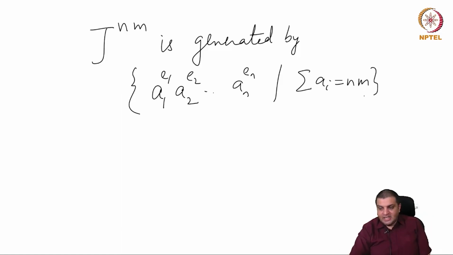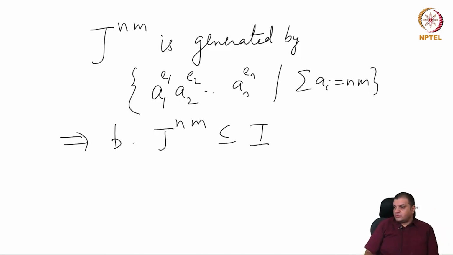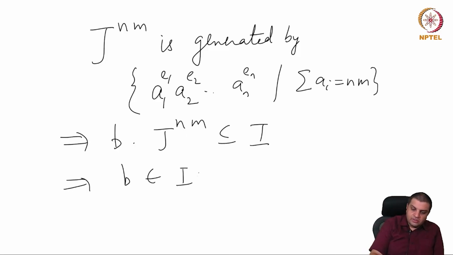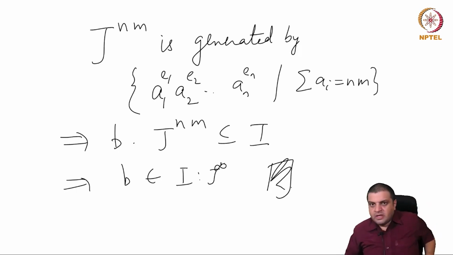Therefore, at least one exponent must be at least m. So this now implies that b times J^nm is inside I, which now implies that b is in the J saturation of I. So, this is the other direction. We will stop here and continue our study of saturation and how it is related to primary decomposition, what information it gives, in the next lecture.